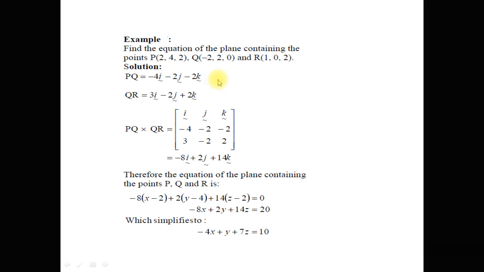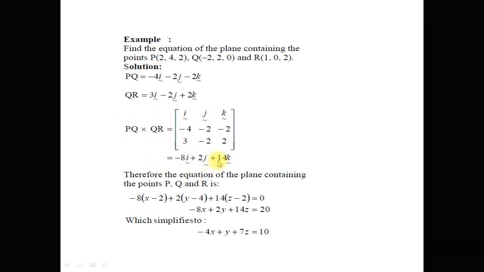When points are given, first of all construct two adjacent vectors from these points, PQ and QR, suppose, and these two vectors lie in the plane. So if we find the cross product of these two vectors, then the cross product actually will be the normal vector for the plane, because this vector is orthogonal to both PQ and QR.